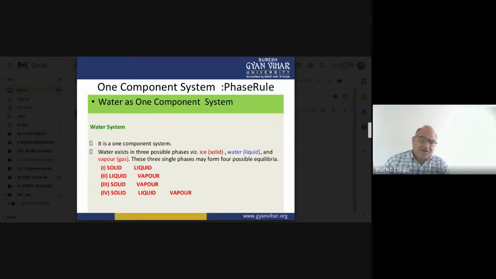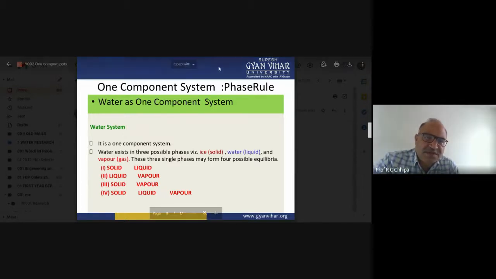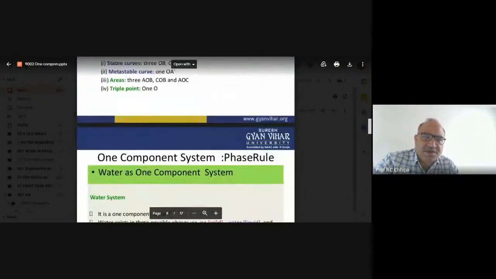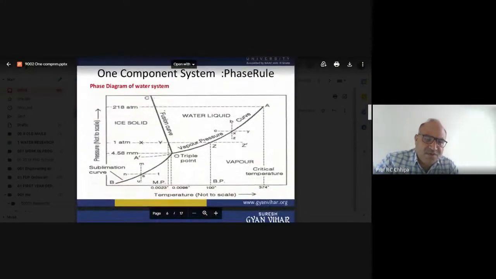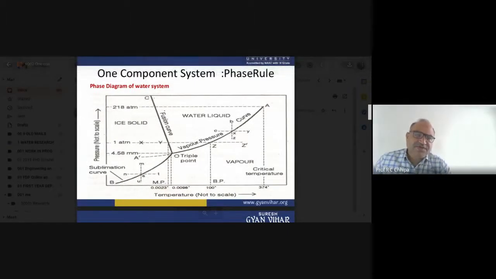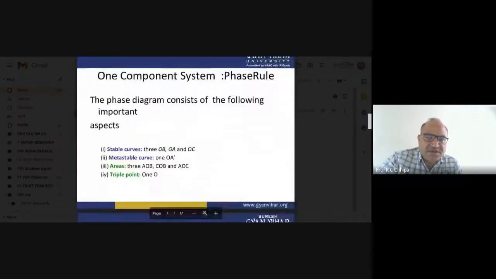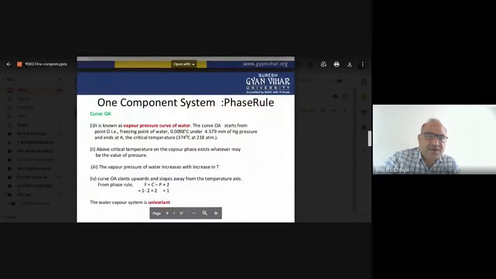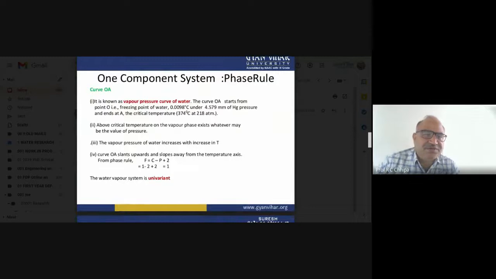So here we get solid to liquid, and this can be clearly indicated in the one component phase diagram. So here you can say OB, what happened in the case of OC, what curve represents OA, and where is the metastable curve, the A dash. Now the curves study.